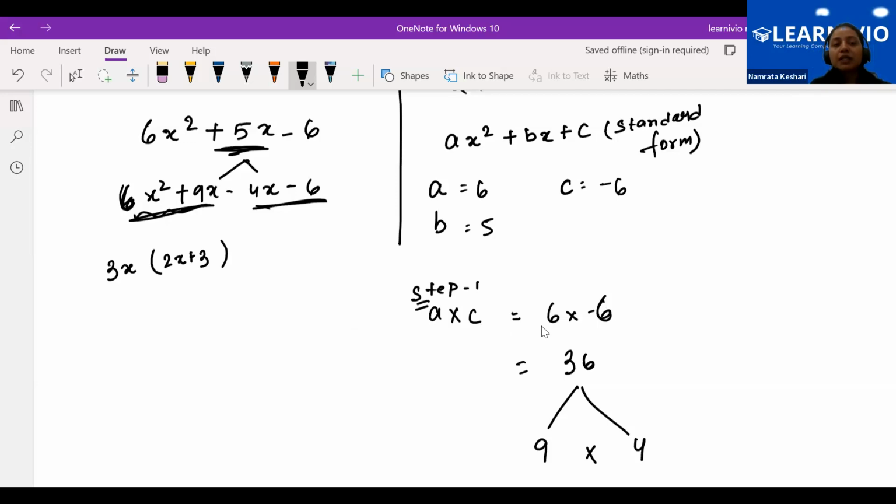Please tell me what can be taken out as a common factor from the next two terms. We can take 2. Yes, Ayan and Farhan, whatever she said, that only we need to take out as a common factor.